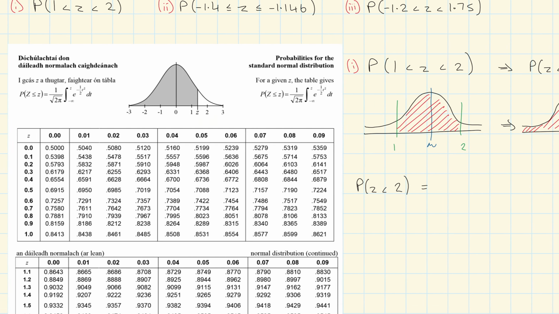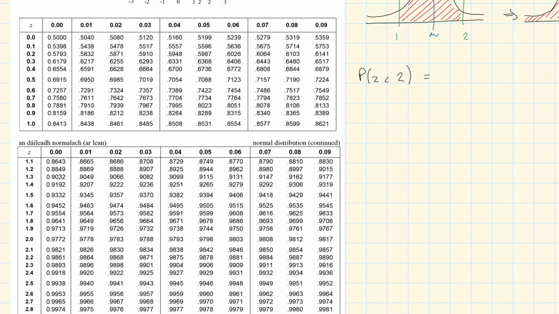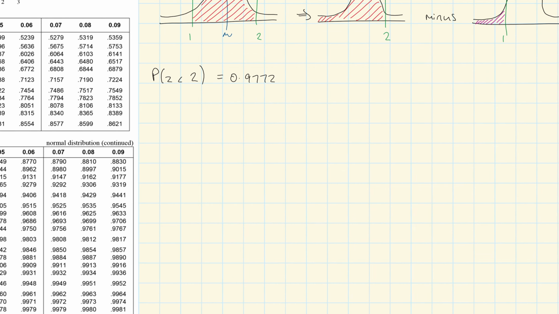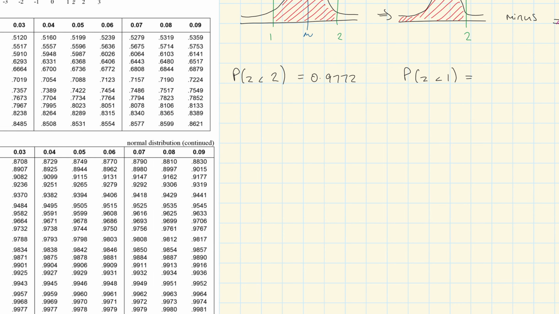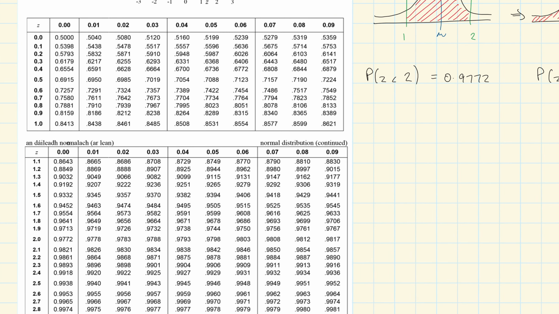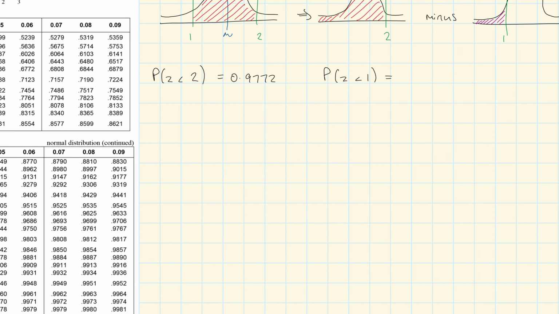Enter log tables. Pretty straightforward. 1 here, so there's 2.00. So that's 0.9772. The probability that Z is less than 1 is 0.8413.